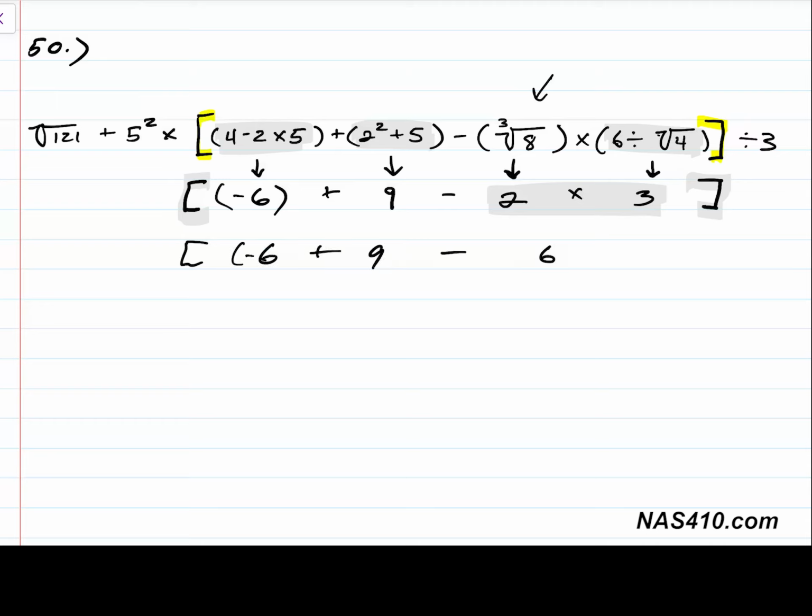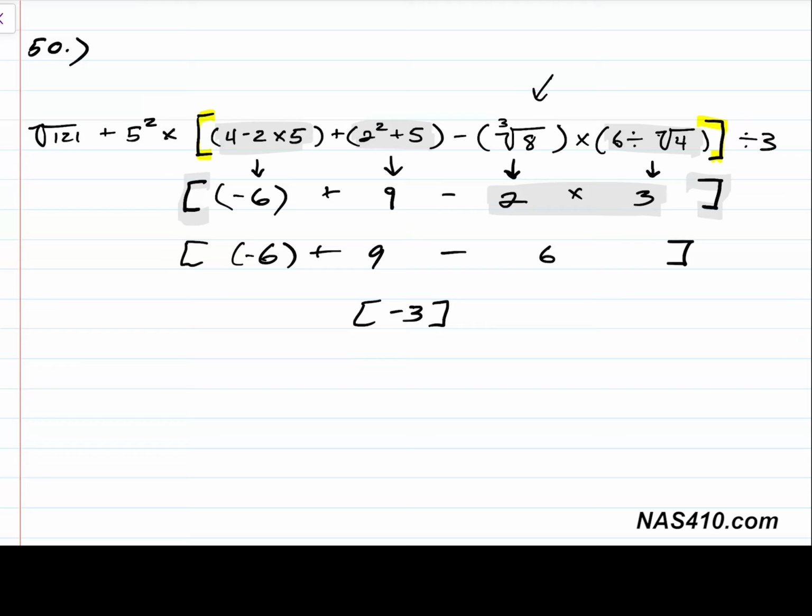I'm going to keep breaking this down. I don't have any more multiplication or division. All I have left is addition and subtraction, so I'm going to do that from left to right. -6 plus 9 is 3, minus 6. 3 minus 6 is -3. So my result from all of this math inside this bracket is -3.